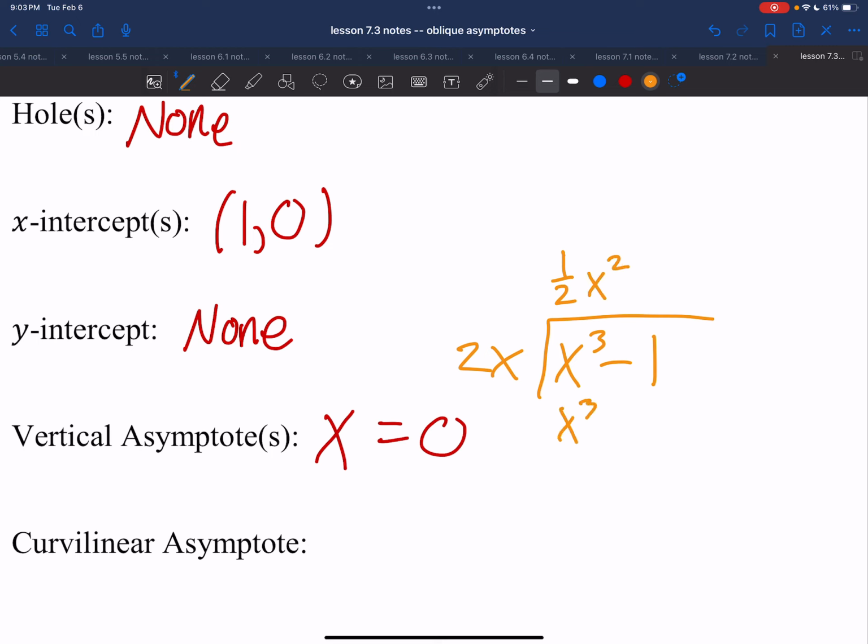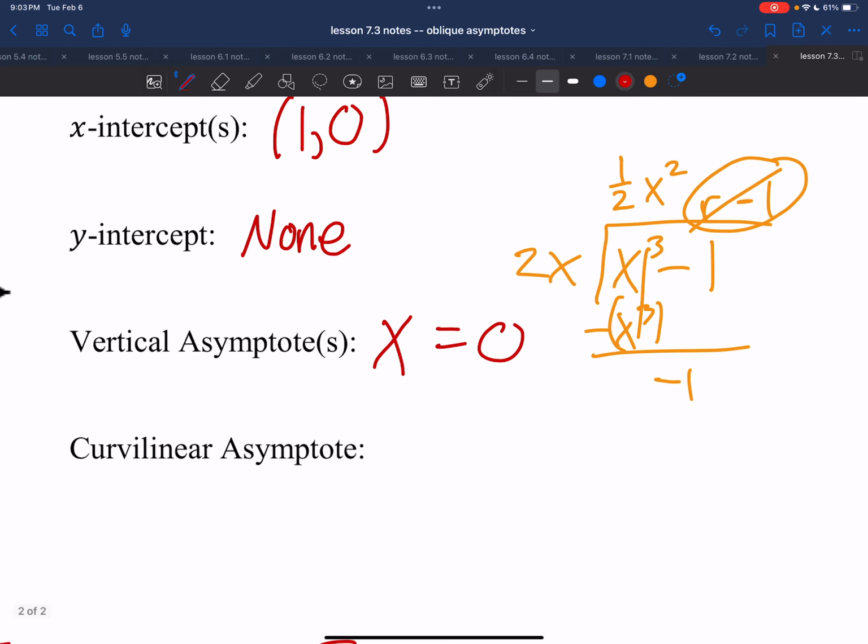So that makes x cubed. And you subtract that and it's gone. And you get negative 1 over 2x, that's a remainder, right? But we don't care. You can sort of nix that. You can say, I don't care. So the curvilinear asymptote is y equals 1/2 x squared.